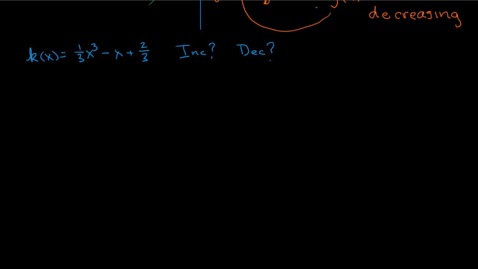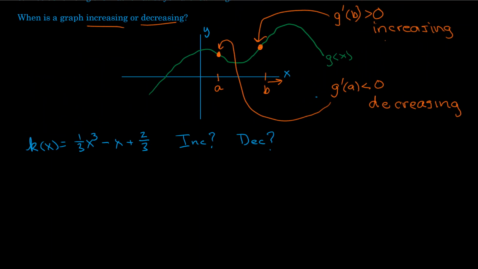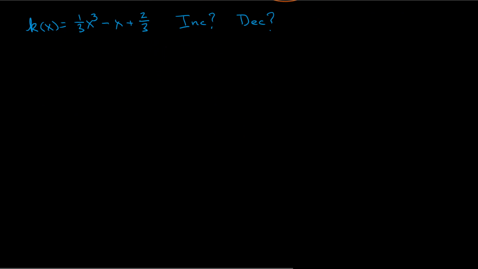Well, as we just saw in the graph and the conversation we had there, when we're looking for increasing and decreasing, what we're really looking for is situations where the slope is positive or negative. The slope positive or the slope negative means the derivative greater than 0 or the derivative less than 0.